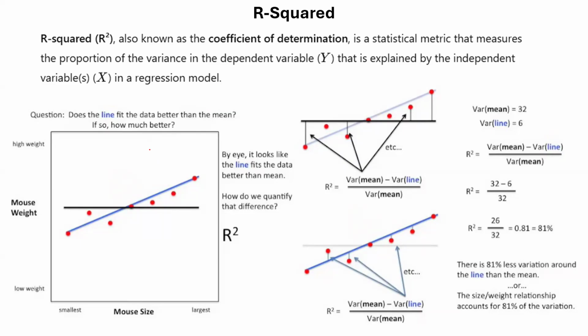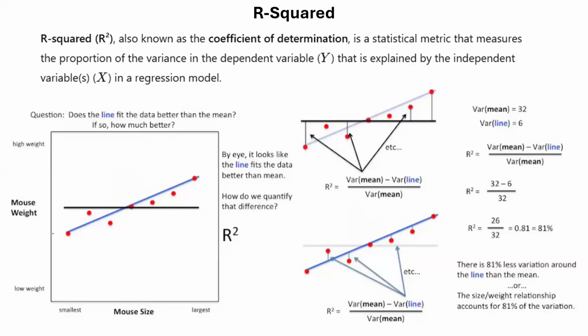If you look at this diagram, we are trying to find out the mouse weight using the mouse size. These data points are different mice available. This mouse is the smallest mouse, and the weight is this.